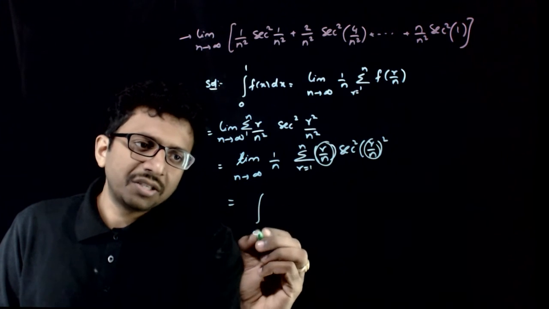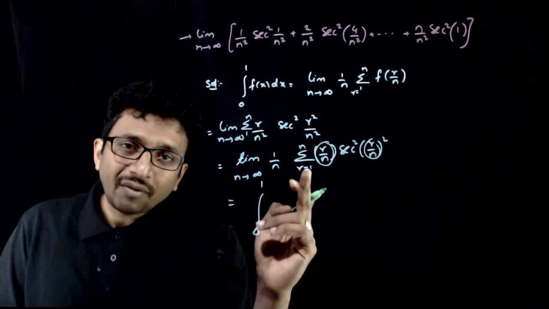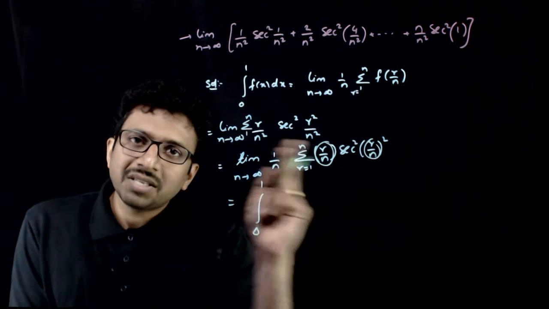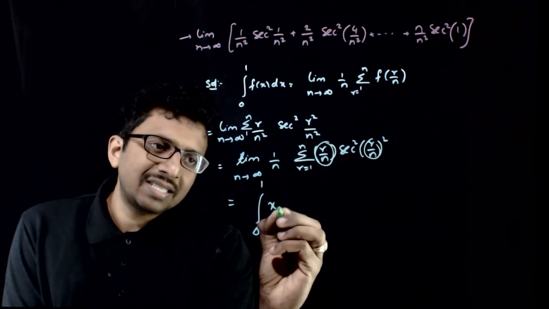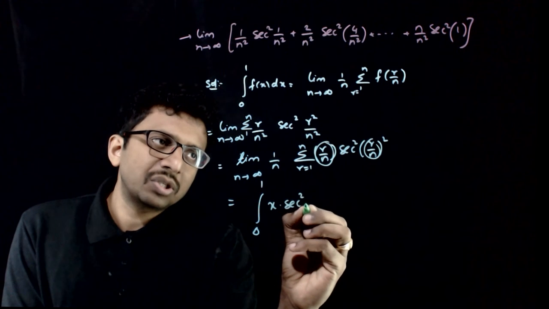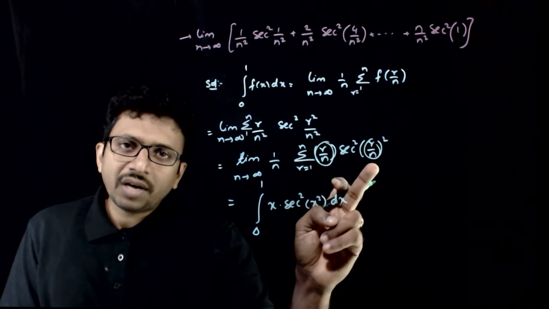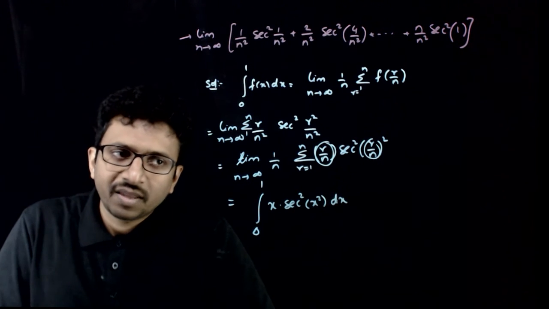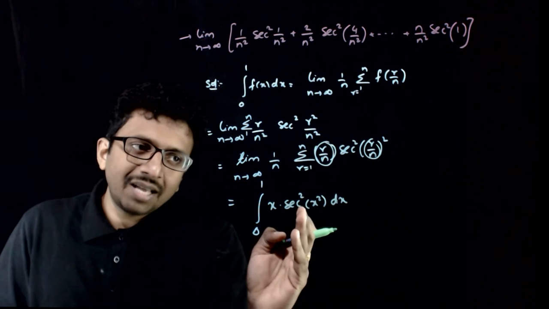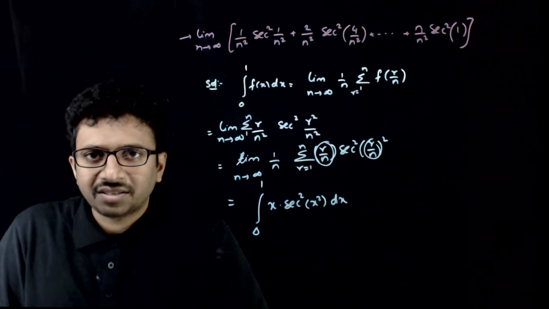So that is equal to the integration from 0 to 1 of f of x dx, that is, in place of r by n you just need to put x. That is x times secant square of x square dx. Wherever you have r by n you just need to put x. So integration from 0 to 1 of x times secant square of x square dx.